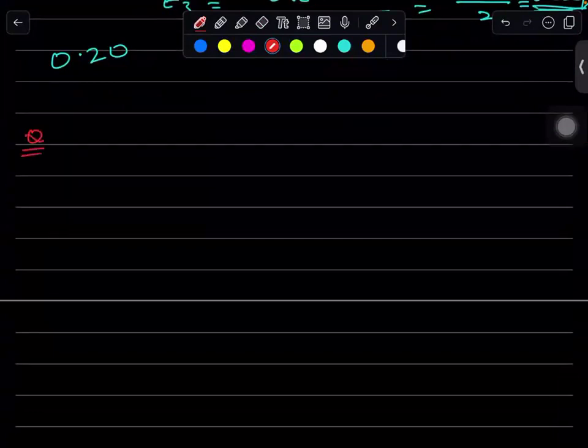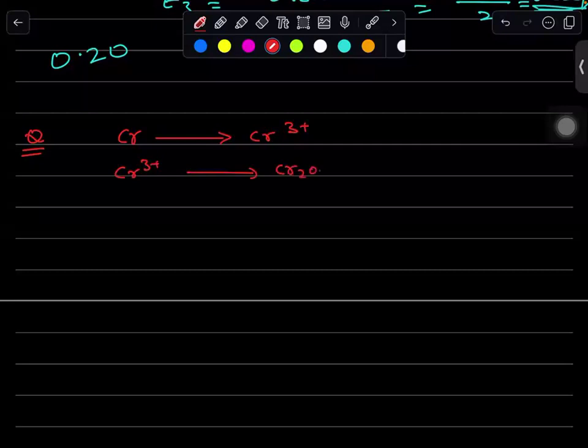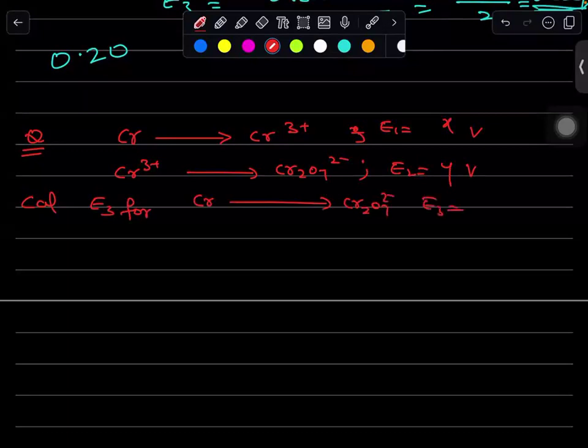See here. Same approach. You should talk in terms of chromium.